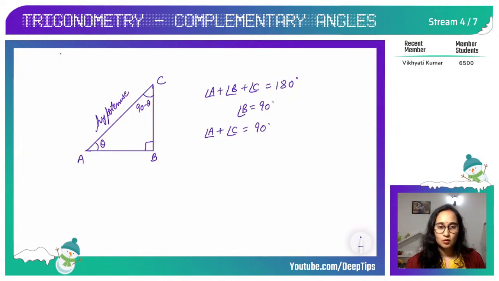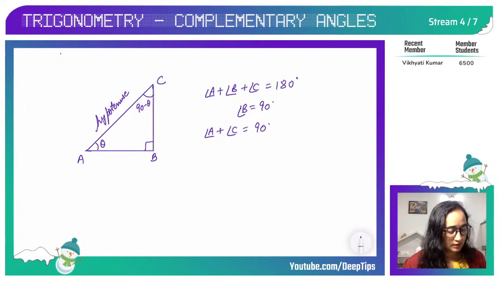It doesn't change with the angle. So when I am taking angle A or angle theta, then AB is my base and BC is my perpendicular. And when I am taking angle C, that is 90 minus theta, then BC is my base and AB is the perpendicular. So this is how we identify the sides of the triangle, right?